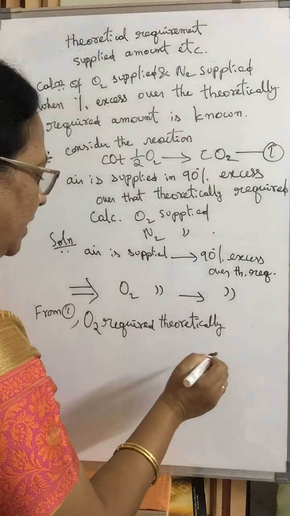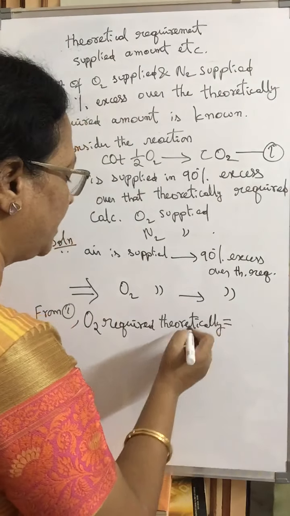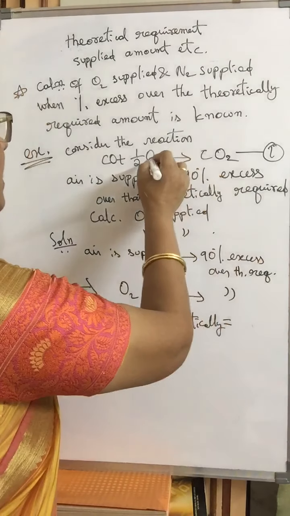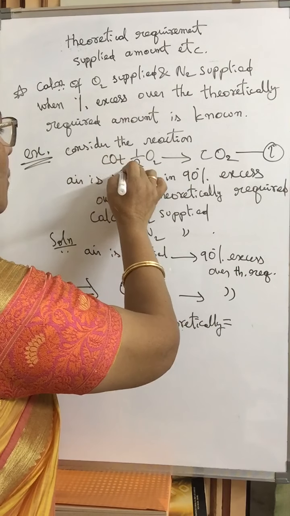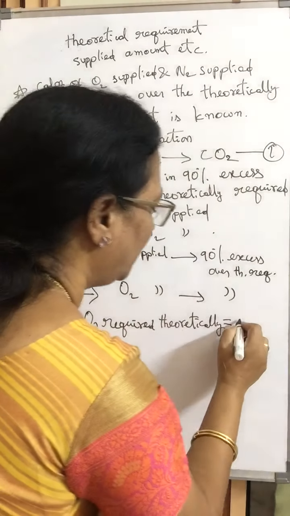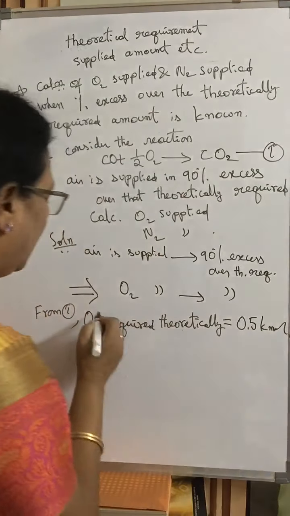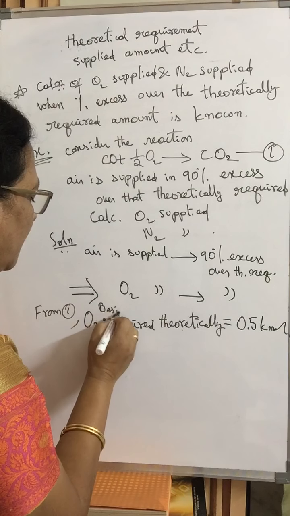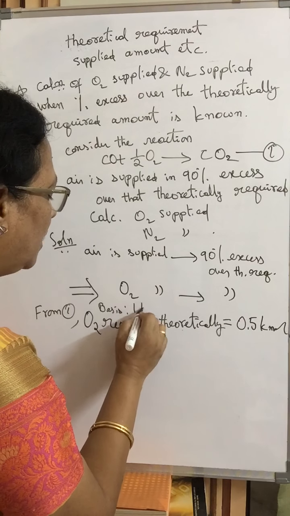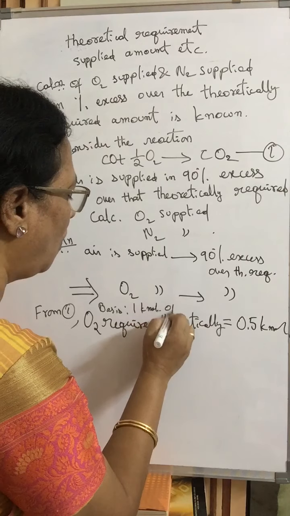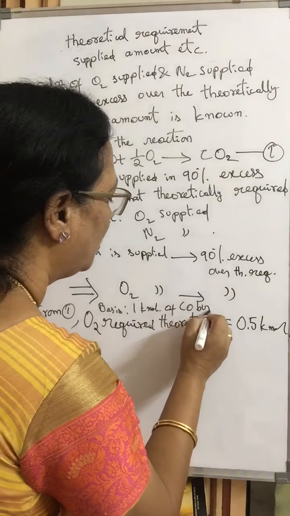Theoretical requirement is nothing but, I'll write here: oxygen required theoretically is, for 1 mole of CO, 0.5 moles of oxygen. Say kilomoles. Then say your basis is 1 kilomole of CO burnt.